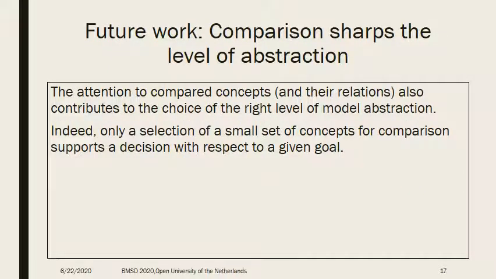Another point, the attention to compared concepts and their relations also contributes to the choice of the right level of model abstraction. Indeed, only a selection of a small set of concepts for comparison supports any decision with respect to a given goal.